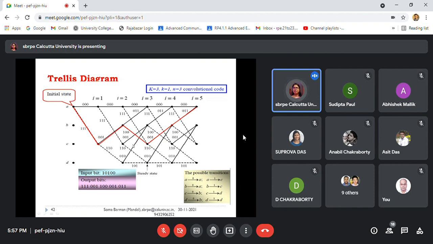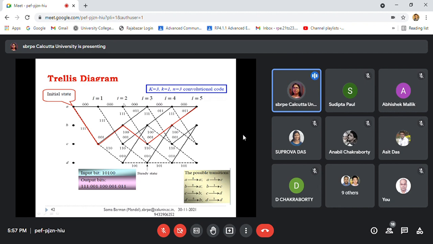The upper one is for 0 input, and the lower one is for the 1 input. This is the way the path is described, from T1 up to T5, so you can trace the diagram.